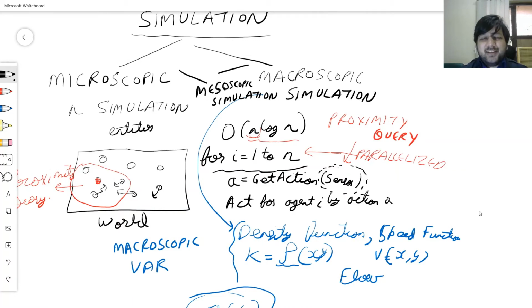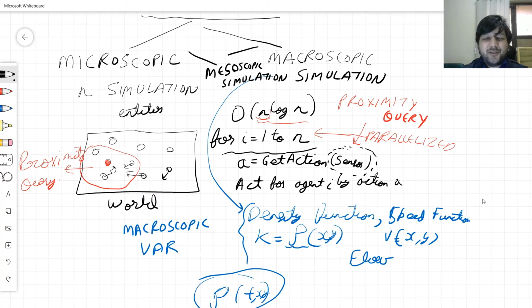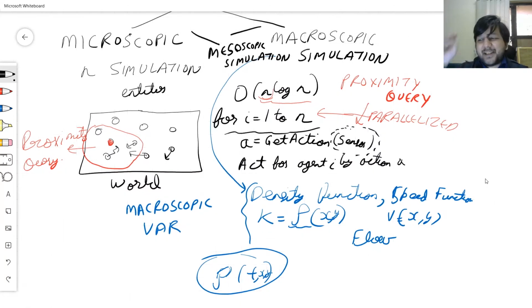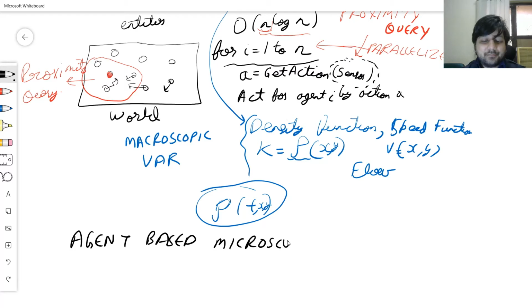Introductory session, hence let us further streamline that. Yes, I'm talking about microscopic simulation. However, there's a specific type of microscopic simulation that I will be dealing with, and that is the one called the agent-based microscopic simulation.